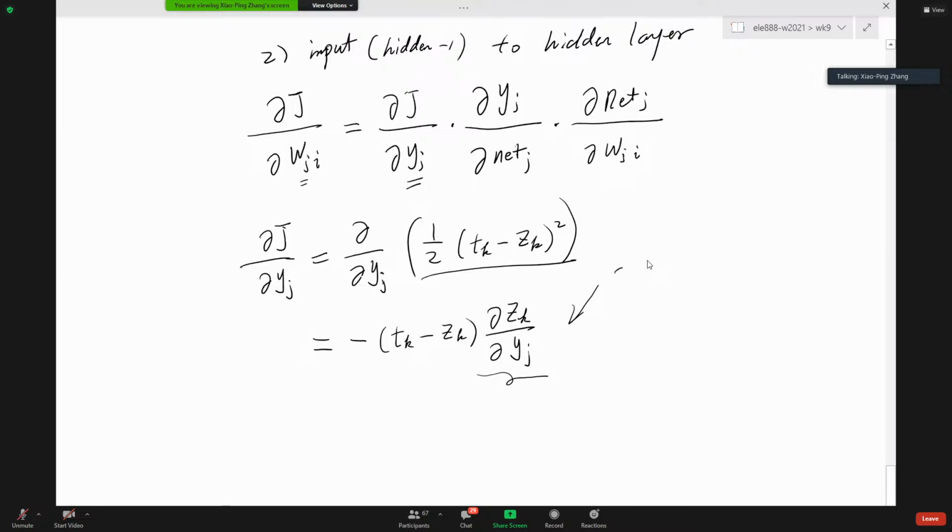It's partial zk, partial net k, times partial net k, partial yj.